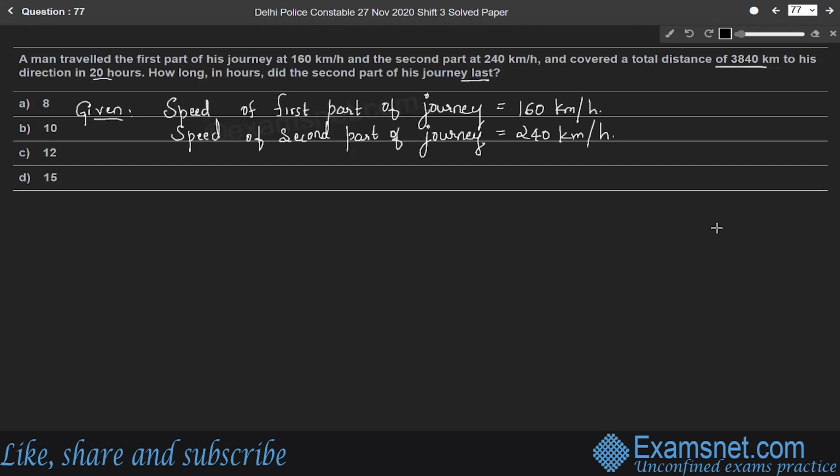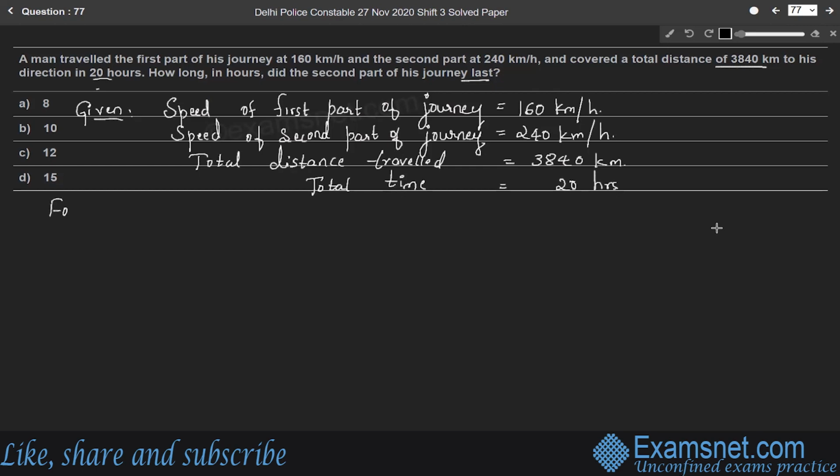Right? And total distance traveled by man is equal to 3,840 kilometer. Right? And the total time taken is equal to how much? 20 hours. Right?